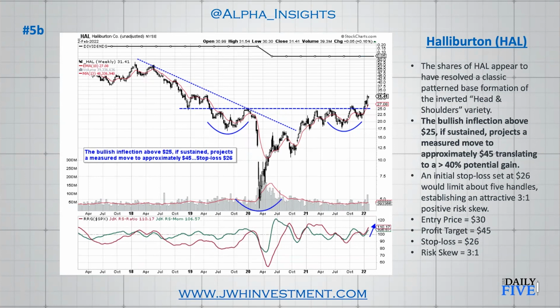And what we like about Halliburton is the stock appears to have resolved above a classic pattern-based formation of the inverted head and shoulders variety. And that pattern tends to resolve substantially to the upside in proportion to its base, which is extremely deep.